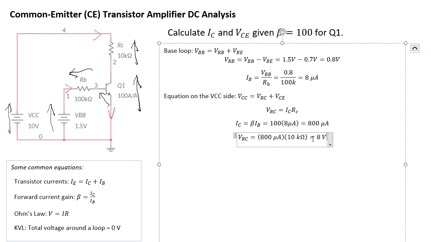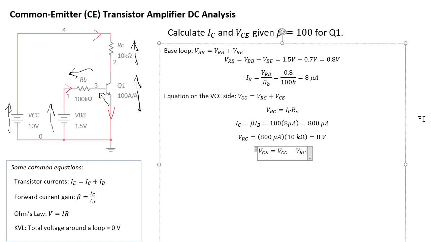Now that we know VRC, we can substitute back into this equation and work out VCE, the other answer we're looking for. VCE is equal to VCC minus VRC.